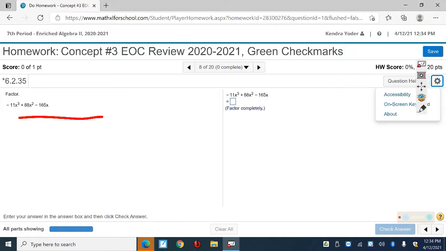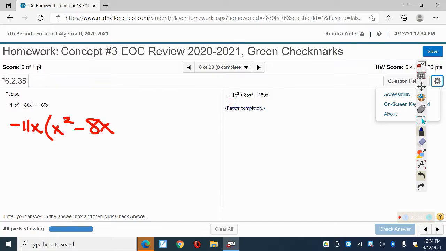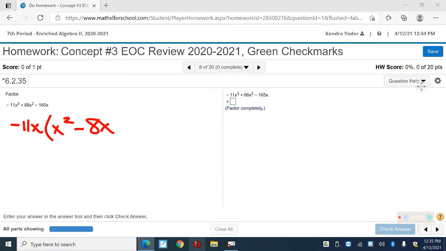Okay, then this right here. You're going to have to do some factoring here. So how do we do some factoring? You're going to pull out a negative 11x. So this is going to give you an x squared minus an 8x, and then 165 divided by 11.